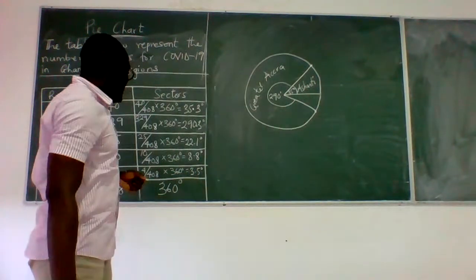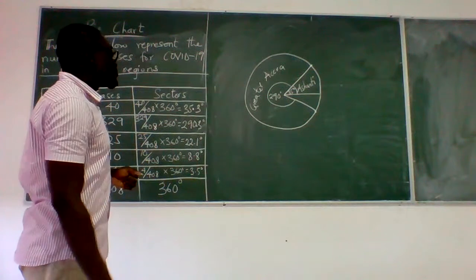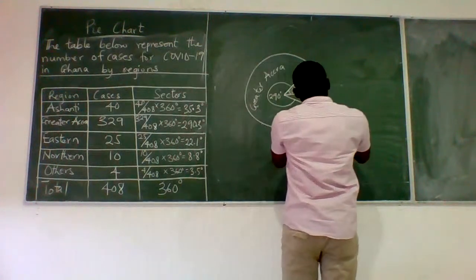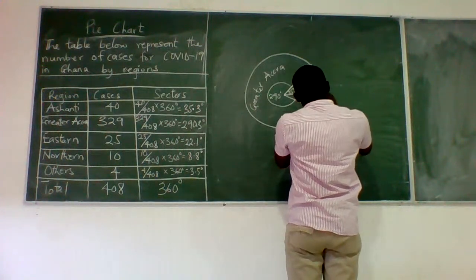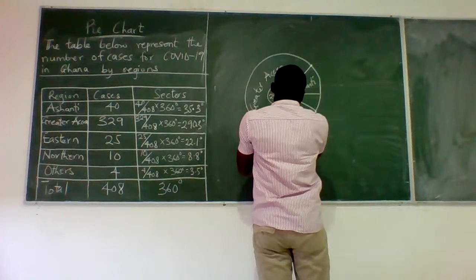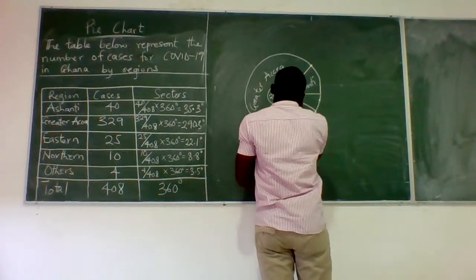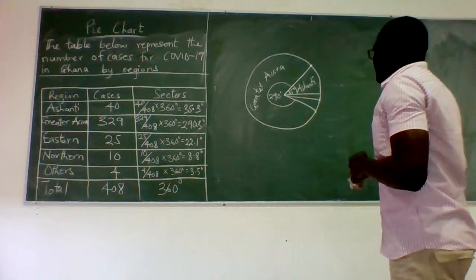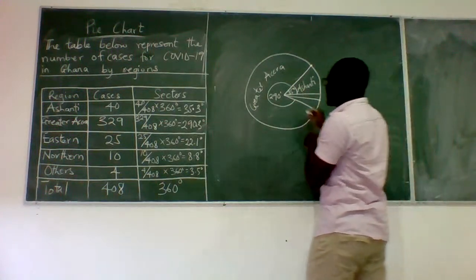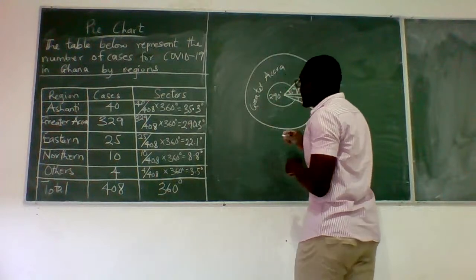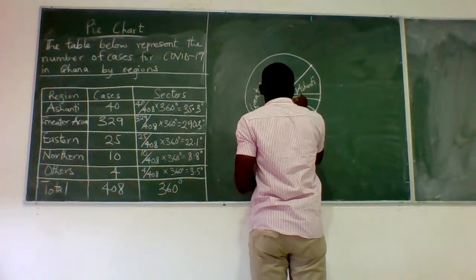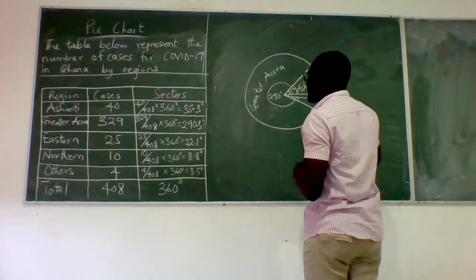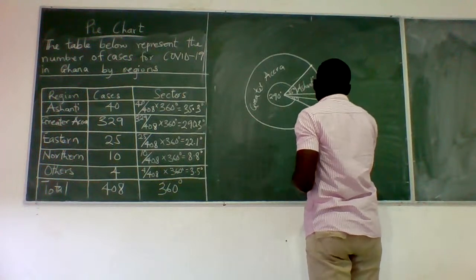Okay. Now the next one is 22. So 10, 20, let's say 22 is somewhere here. Okay. So this sector, which is 22 degrees, will represent the Eastern region.